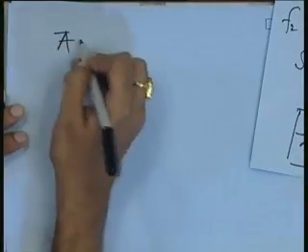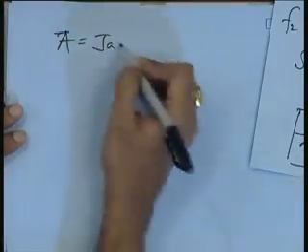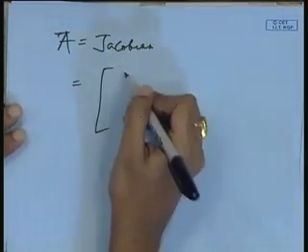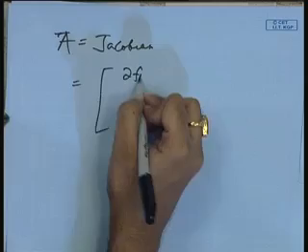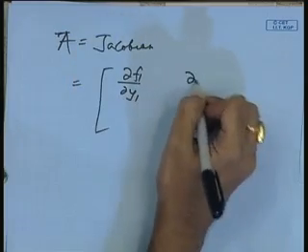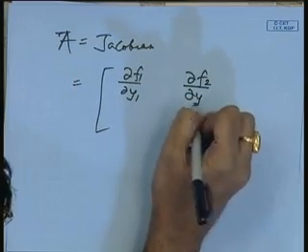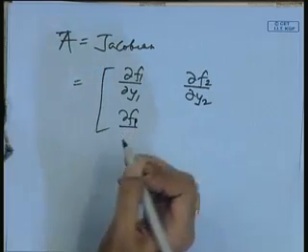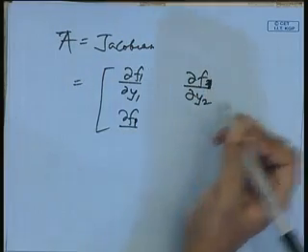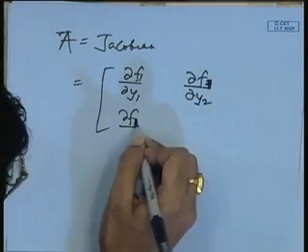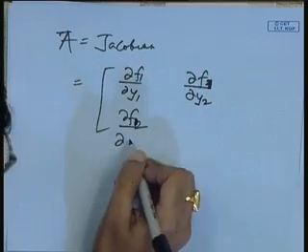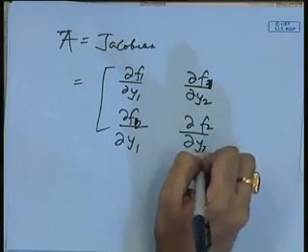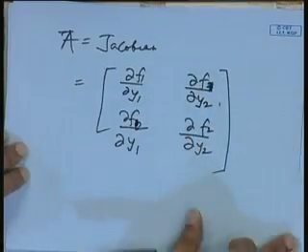A is the Jacobian, that equals del F1 del Y1, del F2 del Y2, del F1 del Y2, del F2 del Y1, and del F2 del Y2. Okay, so this is my Jacobian.